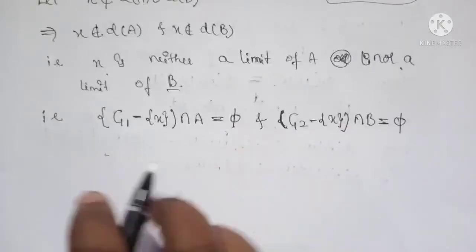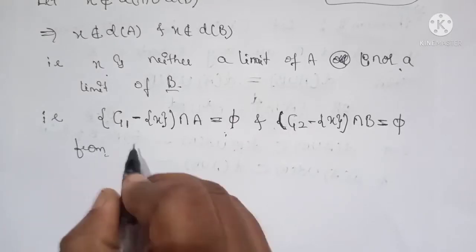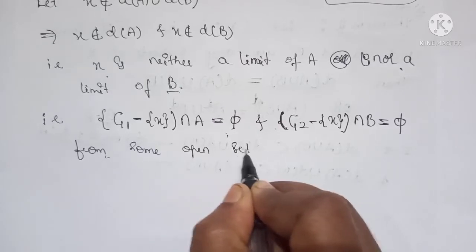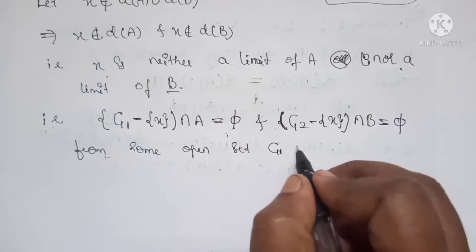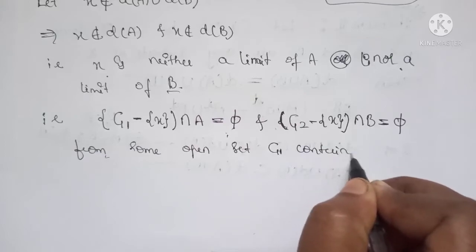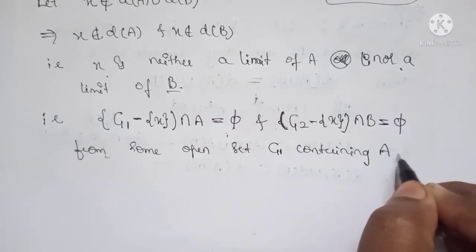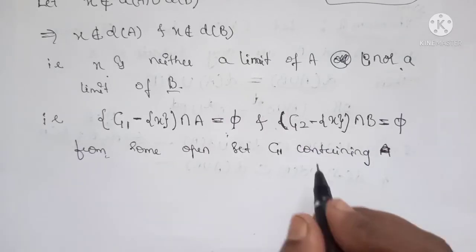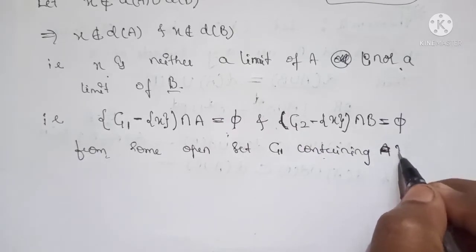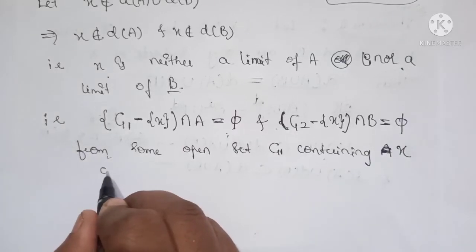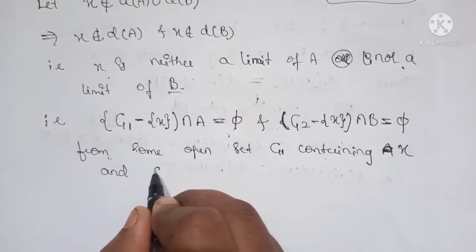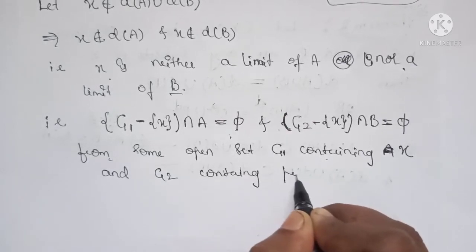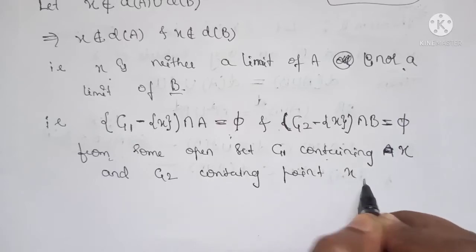Okay, so this is for some open set G1 containing x, and G2 same, containing point x.